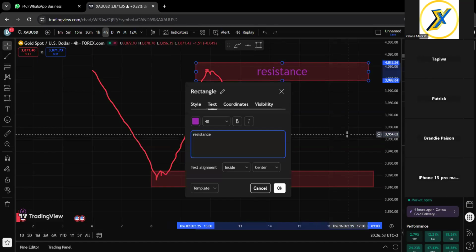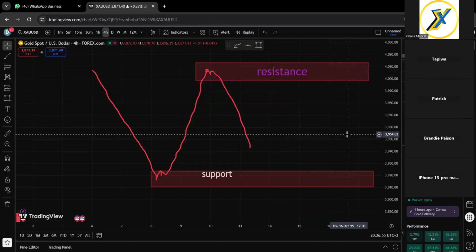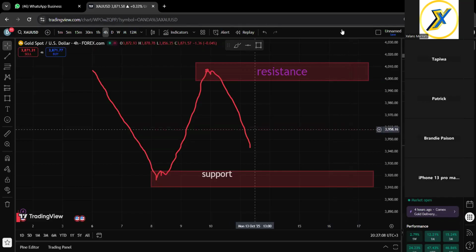So I want us to know how we can trade within support and resistance. Remember guys, I told you the market always repeats its pattern. Whatever happened previously will still happen in the days to come.